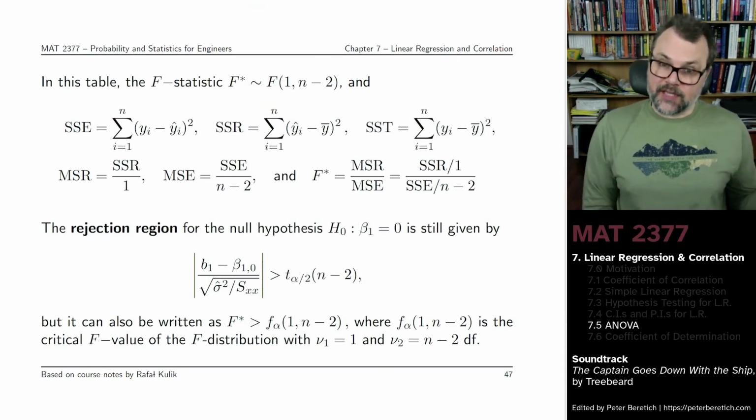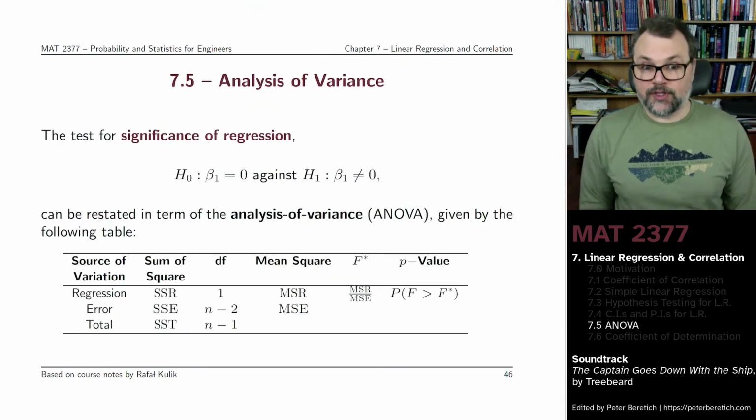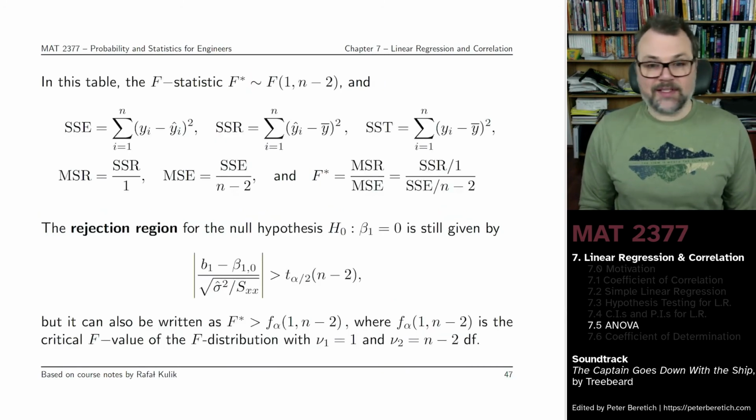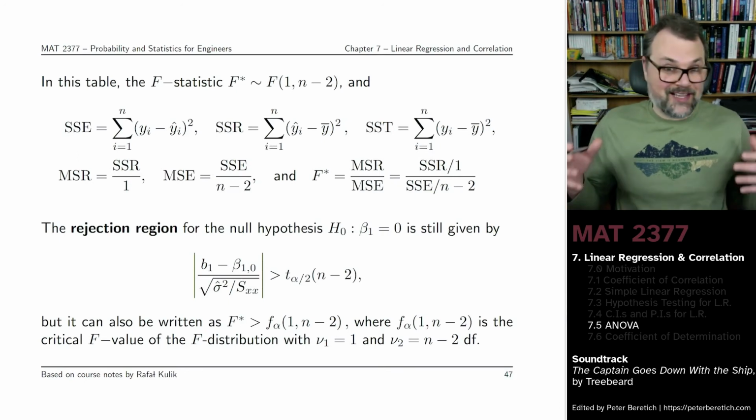So how do we use this table to answer our original question, to test for the null hypothesis of lack of significance against the alternative hypothesis of significance? We still have the same rejection region, like nothing has changed here, it's the same data.